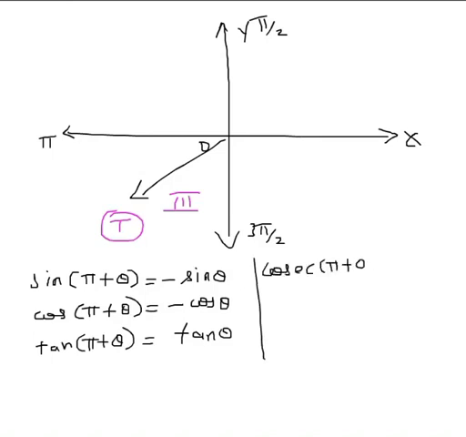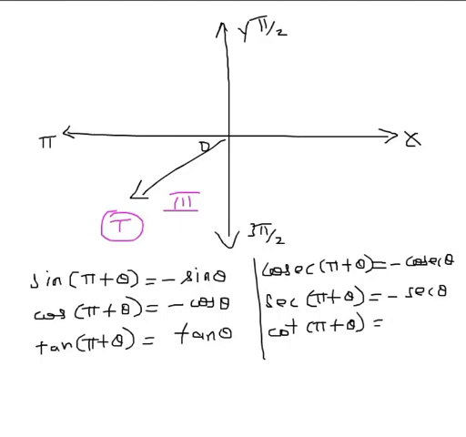Cosec in the third quadrant is negative. Because of pi we don't change the ratio. Secant in the third quadrant is negative. Don't change the ratio because of pi. Cot in the third quadrant is positive. Because of pi we don't change the ratio. Cot will give you cot itself.